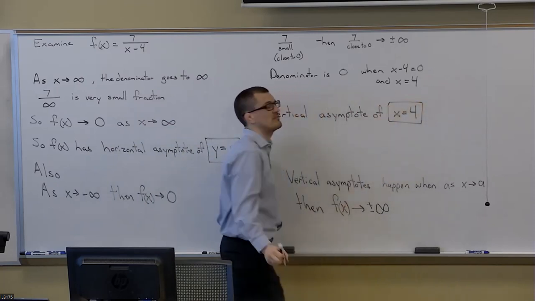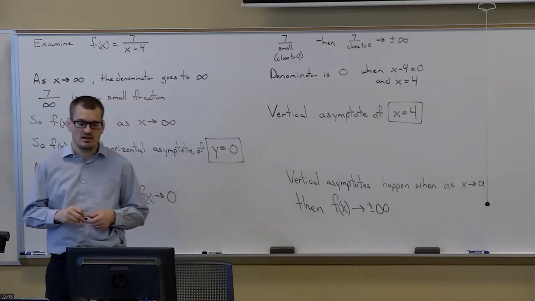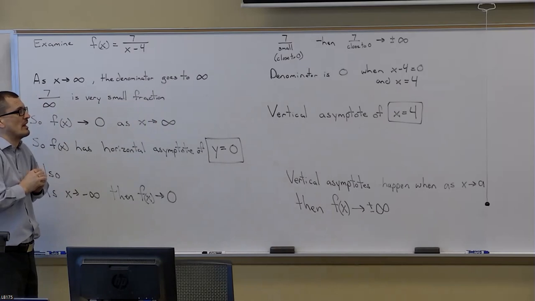And because my function shoots off to infinity there, I'm going to have a vertical asymptote of the line x equals 4.